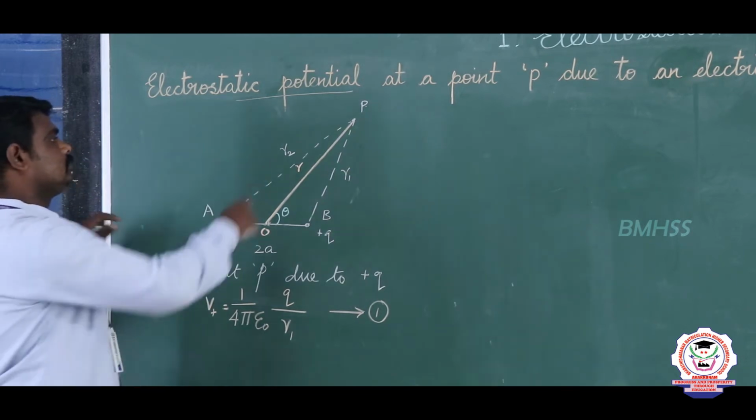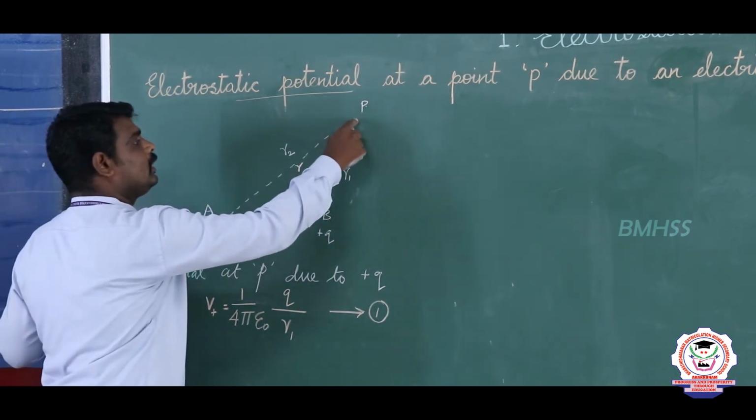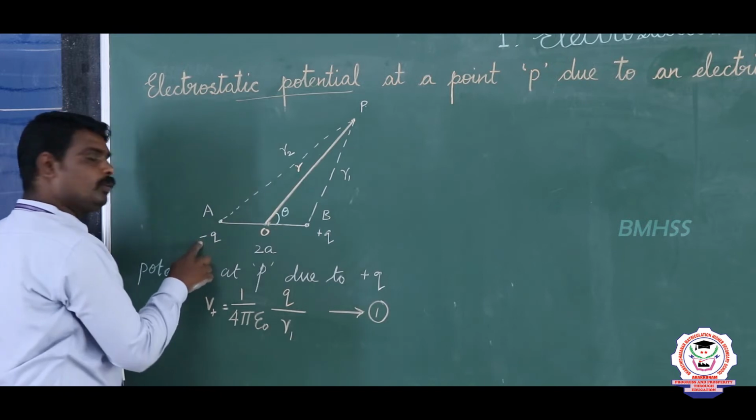Now, the electric potential at point P due to minus q charge.